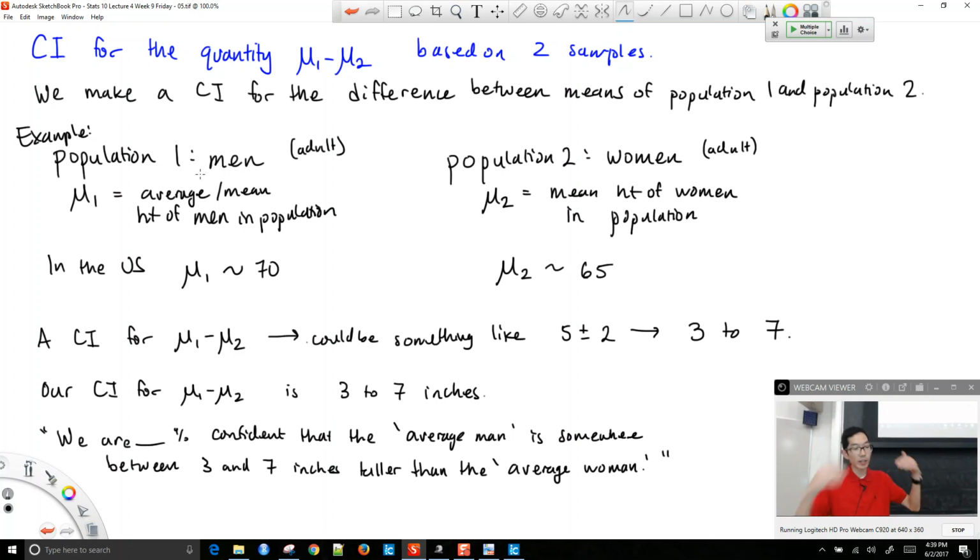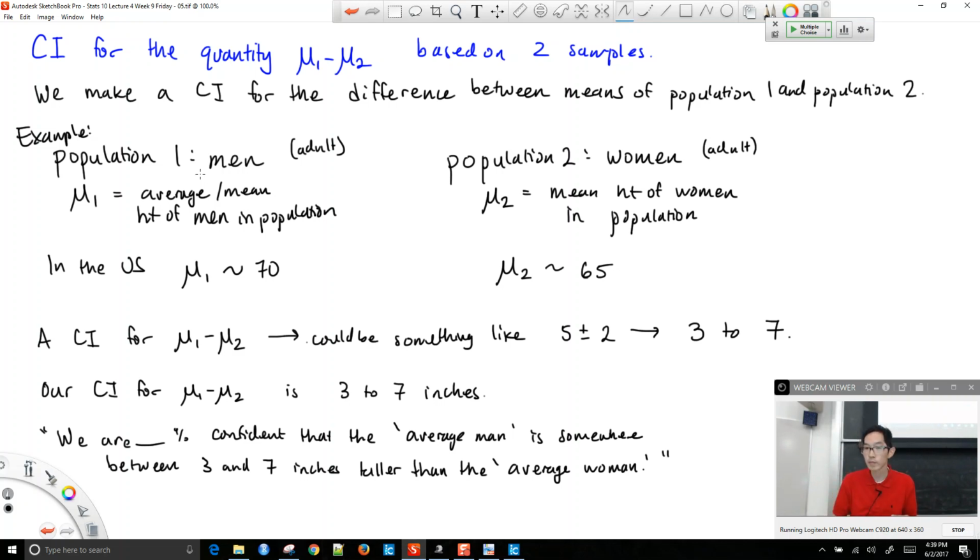So we're not talking individuals. We're talking about the average of population 1 versus the average of population 2, and we're making a confidence interval for the difference between those averages.